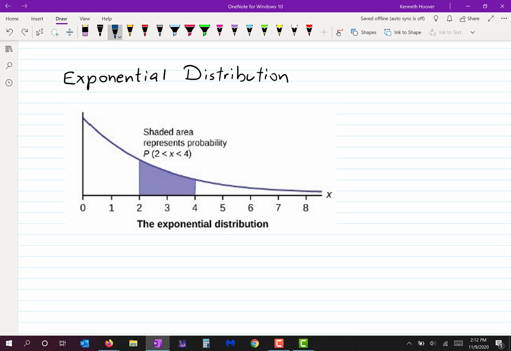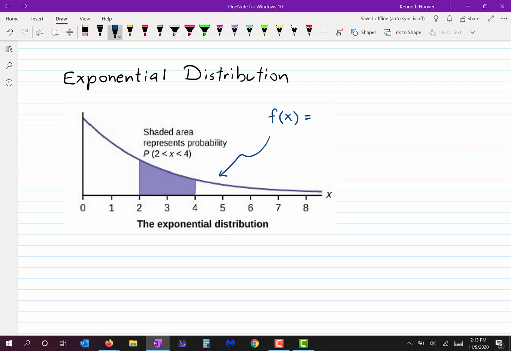I should say the equation for an exponential probability distribution always looks like this.